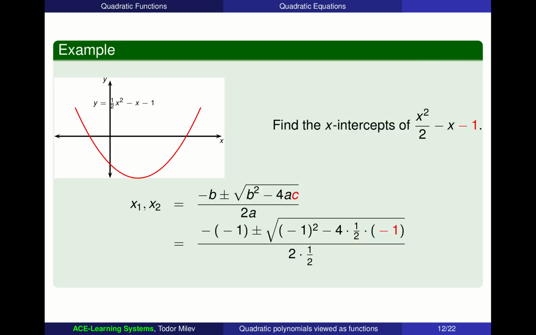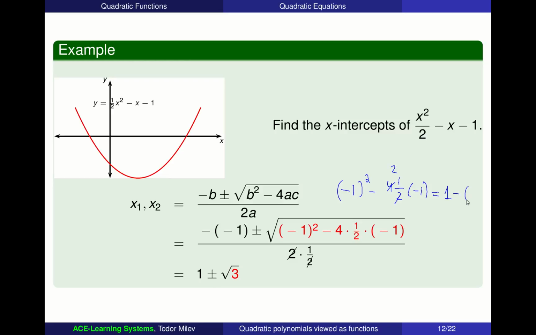Okay, so we're done with the formula. That was the whole thing. So let's simplify. The 2's cancel. -1 is equal to +1. And what happens here? Well, let's see. We're having -1 squared minus 4 times 1/2 times -1, which equals, well, -1 squared, that is equal to 1. 4 divided by 2, that equals 2.